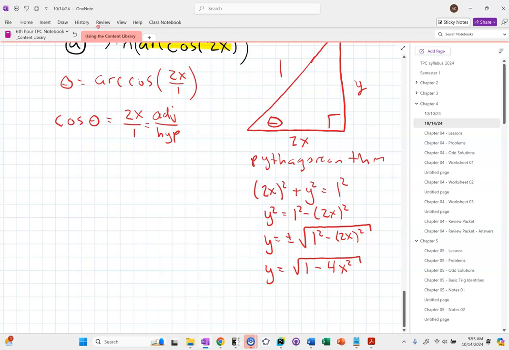Why am I able to drop the minus from the plus or minus? Why didn't I drop the plus and make it a minus? It's okay that I did it. What is y representing?